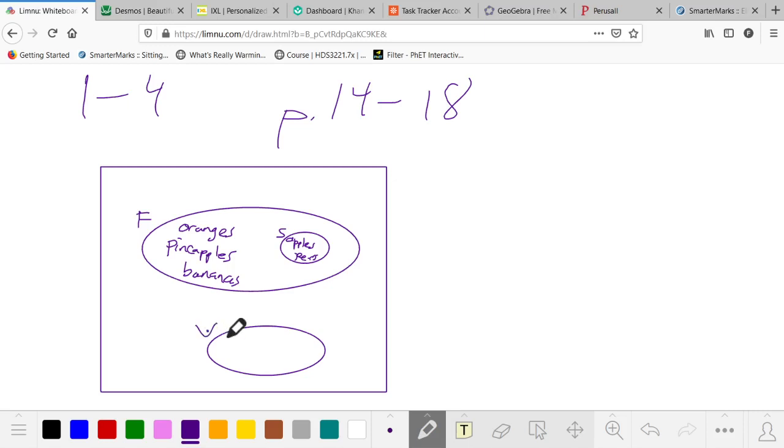And this set down here, V, has peas, carrots, corn, beans, and potatoes. And she's calling the universal set C. So in her set, C is the set of produce.